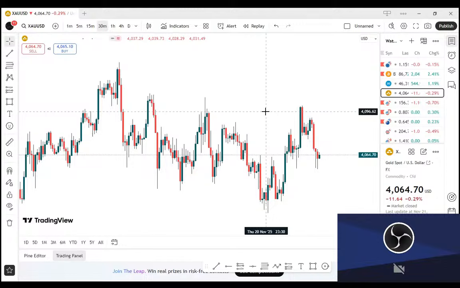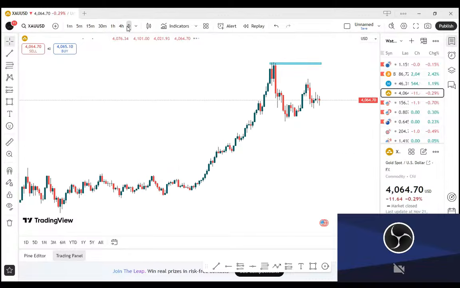So this is currently on gold. Let me go to the daily time frame. Let's see what the daily time frame has for us and the structure of the market on your daily time frame. On the daily time frame, you see that high. I told you guys that I was looking for a buying opportunity at that particular high, that once price comes to that high, that is where the sellers will sell from.